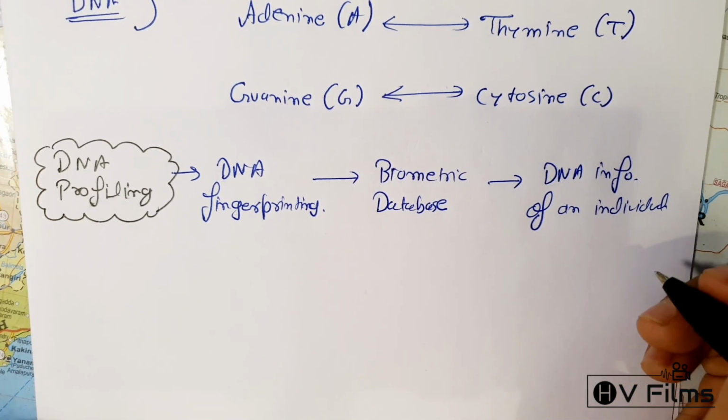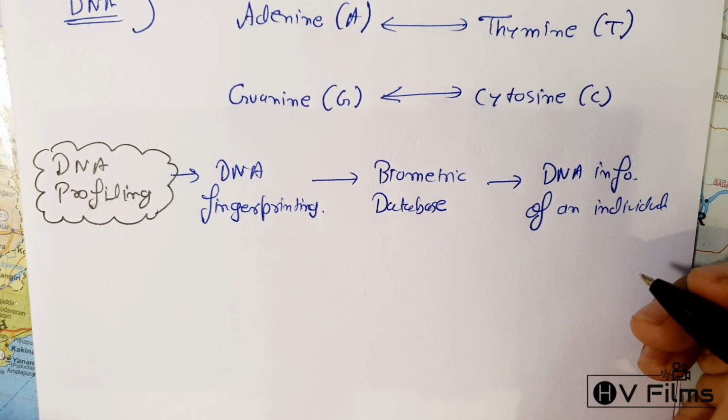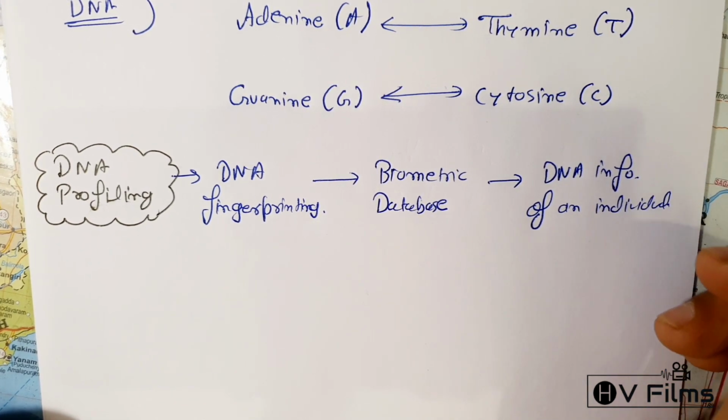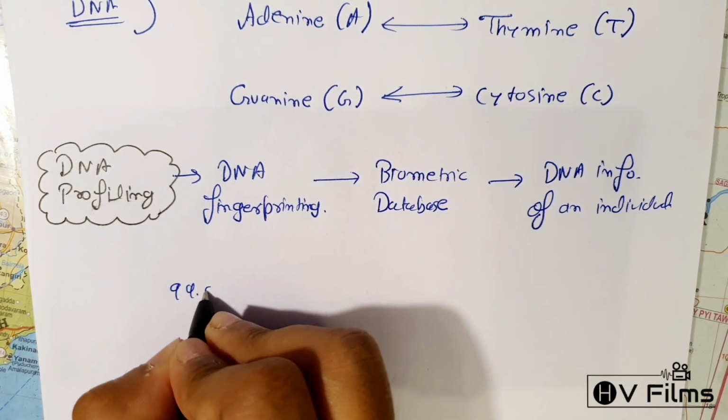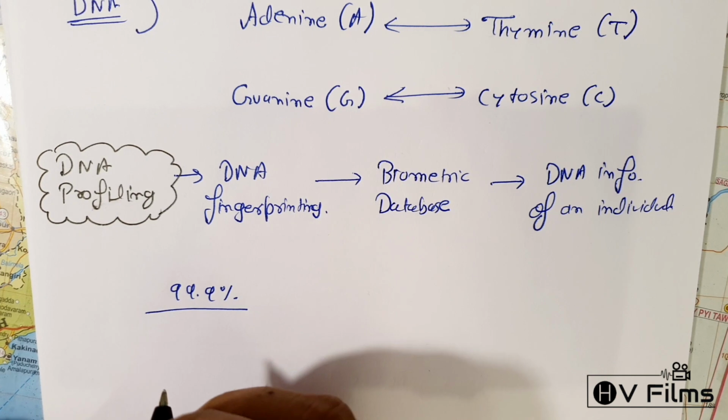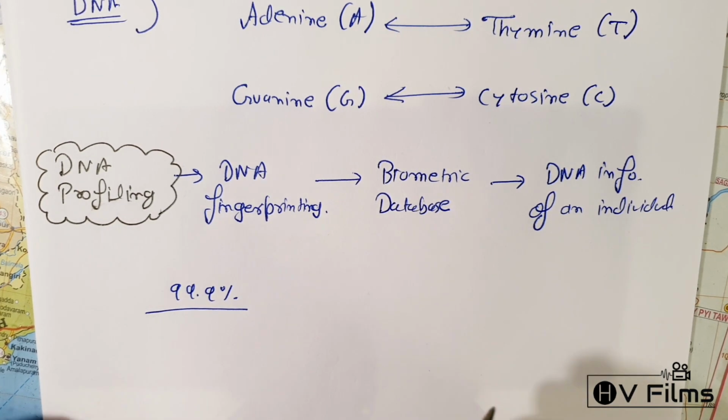Now when we say that we are establishing a DNA profile, generally in every individual, 99.9% of the DNA is similar between all individuals, human organisms.